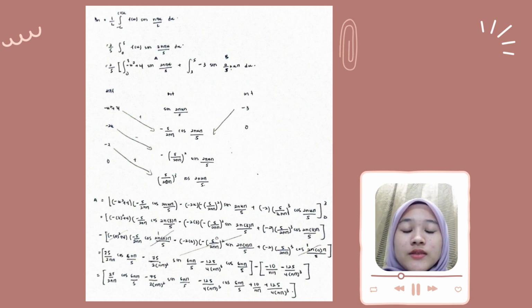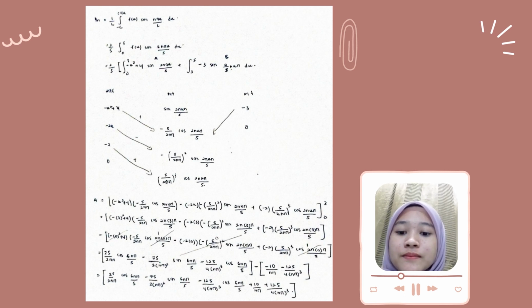After doing the integration for Bn for a, we will get the answer 25/2 n pi cos 6 n pi over 5 minus 75/2 n pi square sin 6 n pi over 5 minus 125/4 n pi power 3 cos 6 n pi over 5 plus 10 n pi plus 125/4 n pi power 3.